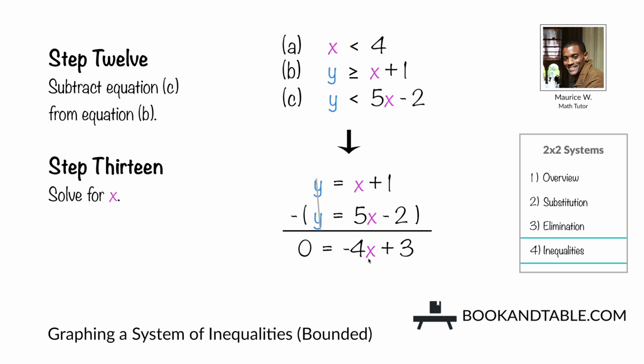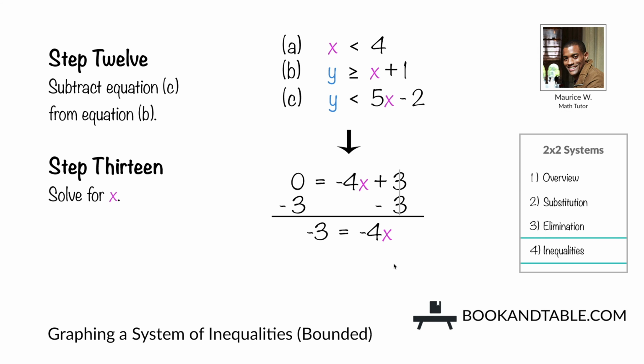And now we can solve for x. So we'll subtract 3 from both sides, giving us negative 3 is equal to negative 4x. And now to negate the coefficient negative 4, we divide both sides by negative 4, giving us x is equal to 3/4 or 0.75.